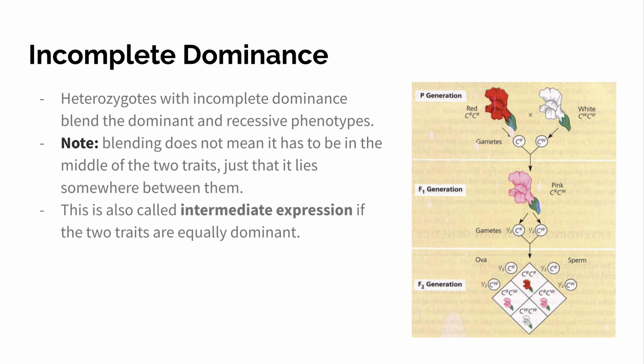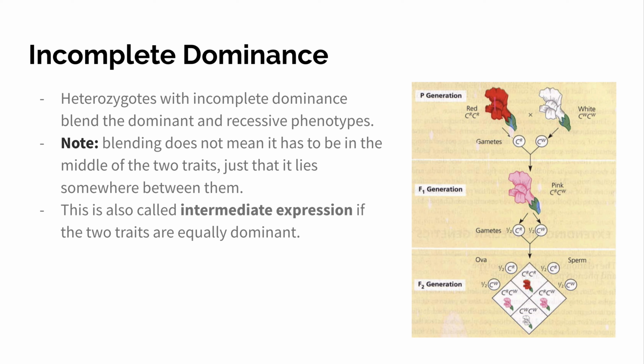In incomplete dominance, what we see is the blending of traits. So you have two phenotypes that are coded for by two different alleles, but if you end up with a heterozygote for that trait, the phenotype ends up somewhere in the middle of the other two, not the dominant phenotype overpowering the recessive. Classic example of this is flower colors.